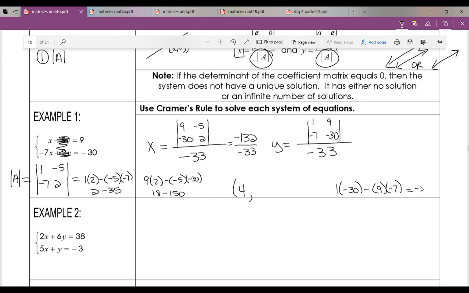That gives me -30 plus 63, which gives me a numerator of 33 divided by a denominator of -33, which is -1.